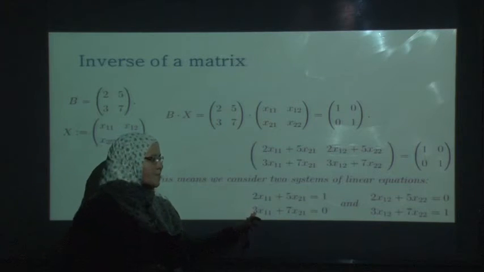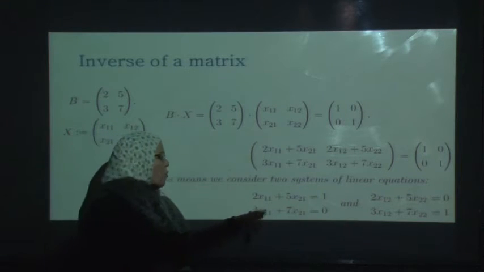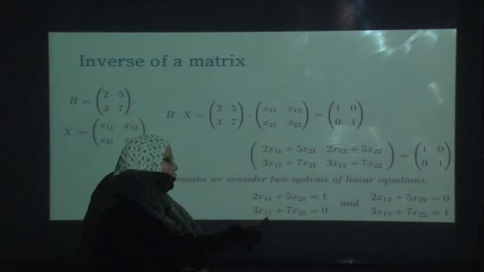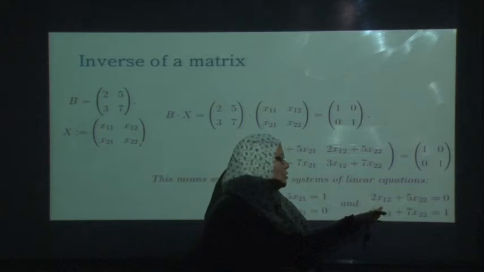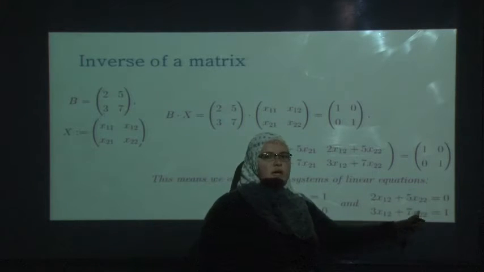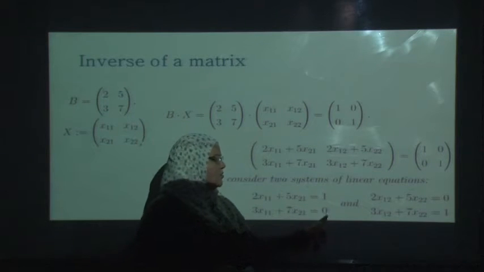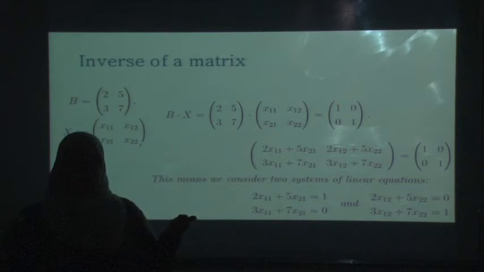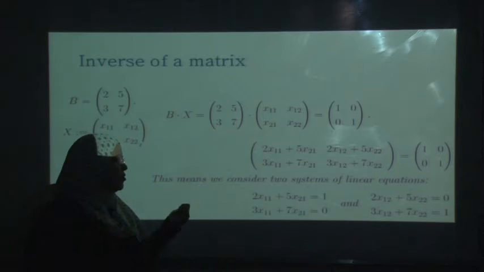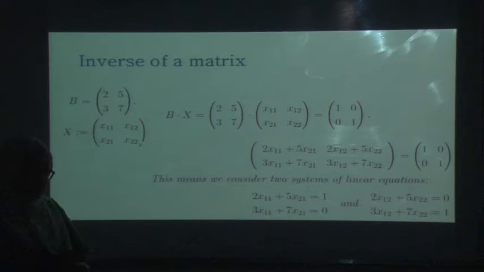Solving them, we will need two linear systems of equations: one where we solve for x11 and x21, and in the other system we solve for x12 and x22. Because the right-hand side is not all zeros, this system is inhomogeneous, and we have the three types of possible solutions: unique, infinite, or no solution.